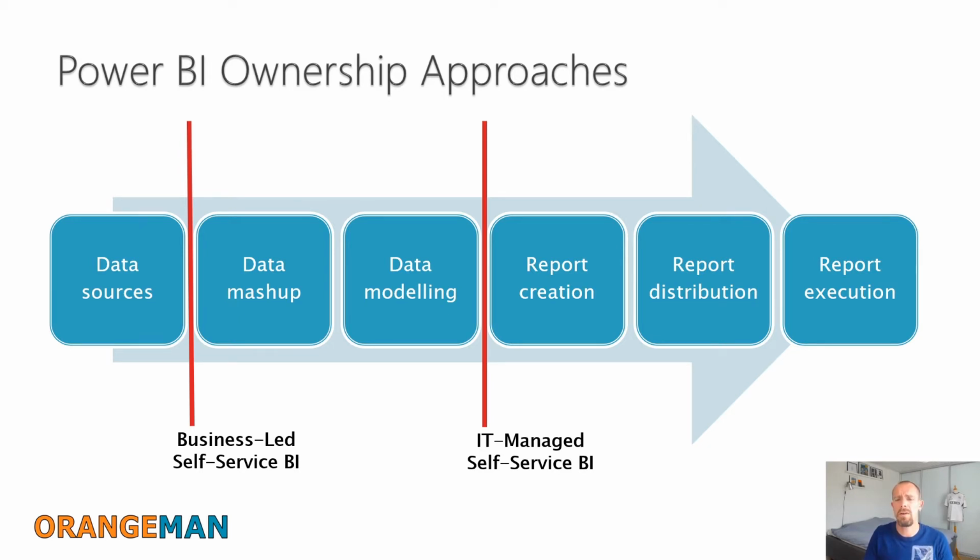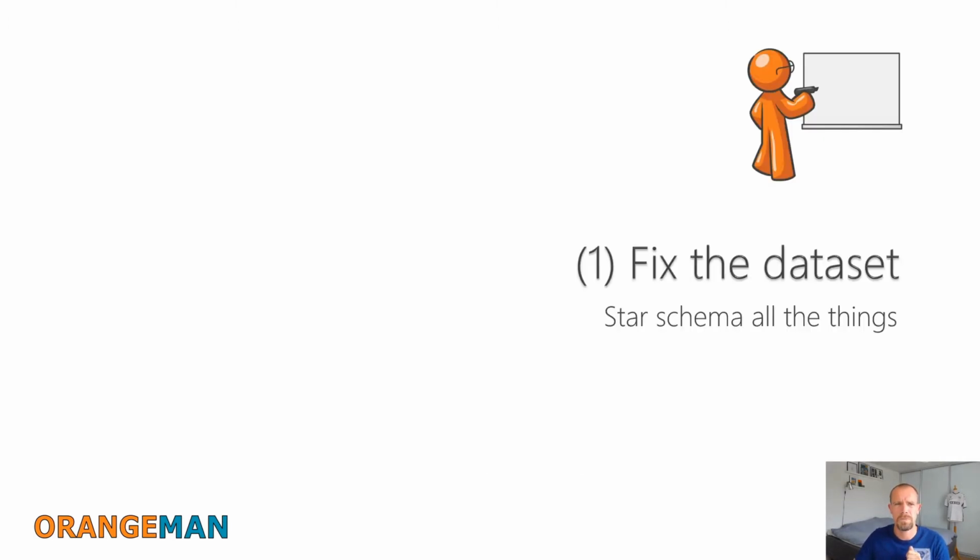But you can also make the enterprise BI approach, where it's only the execution of the report that is in the hand of the business users, and IT is also creating the reports and distributing the reports. So just to recap these 3 different approaches.